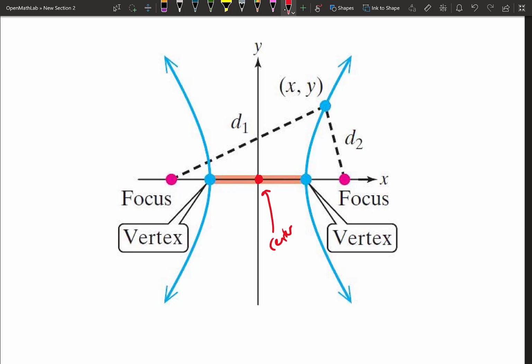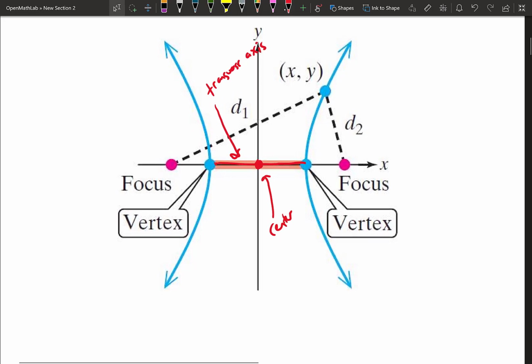Something else I want you to note is that this red line here is called the transverse axis. And the last bit of terminology is that these two pieces are referred to as branches.